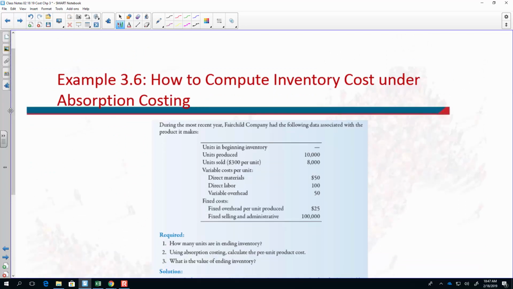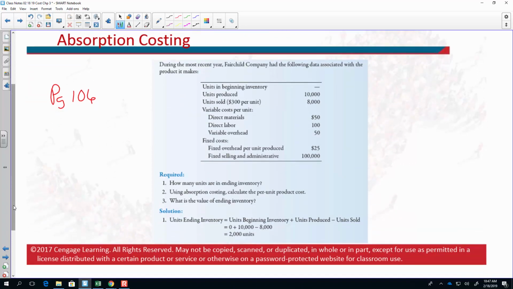Example 6 is our first computations, page 106. They already have the cost in a per unit number. So under absorption, if I add up the 4, the cost per unit is $225. If I did the variable, it's only $200 per unit. That's it. That's all we have to do.